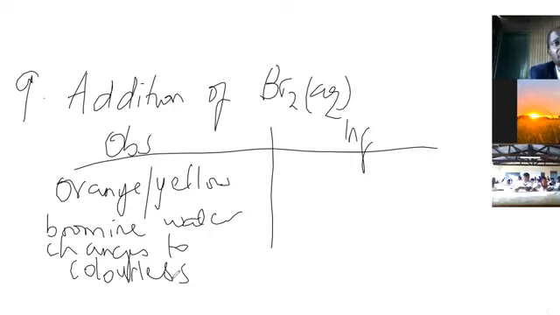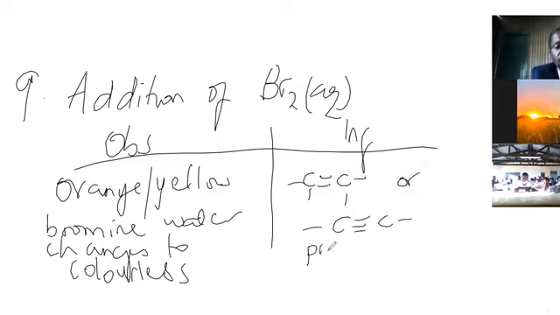The inference would be the unsaturation or unsaturated functional groups, carbon to carbon double bond or carbon to carbon triple bond present.